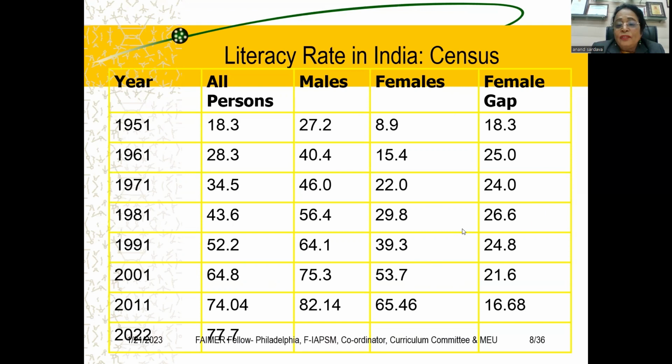In 1951 the gap was 18, then in 2001 the gap was 21, and still we have a gap of 16. The gender-segregated literacy rate is not available from the 2022 information, but from 2011 we can say there is a gap, though the gap is being filled over the years.